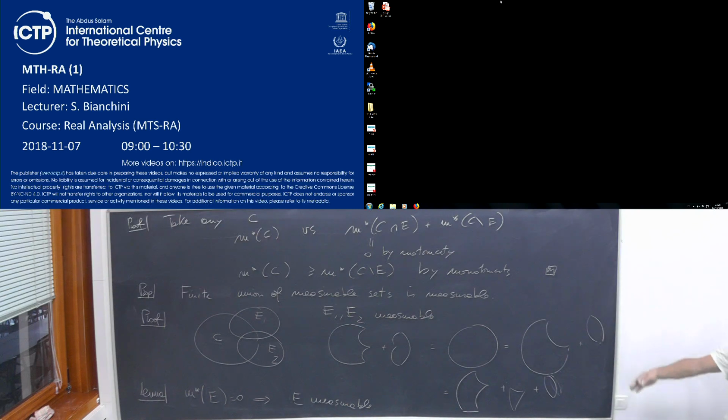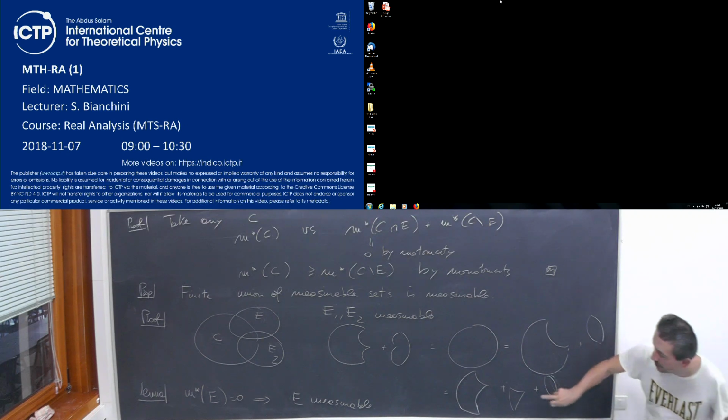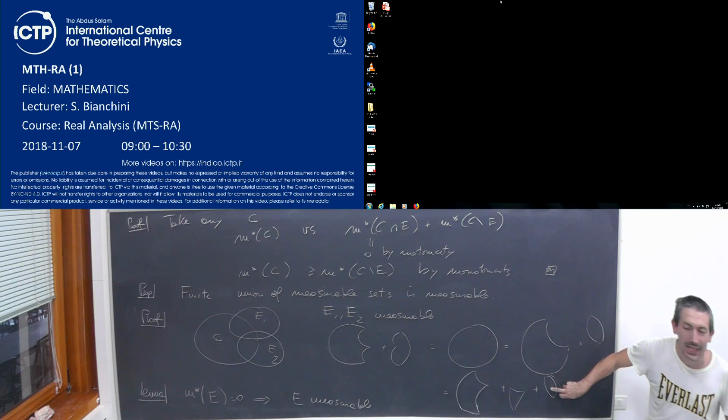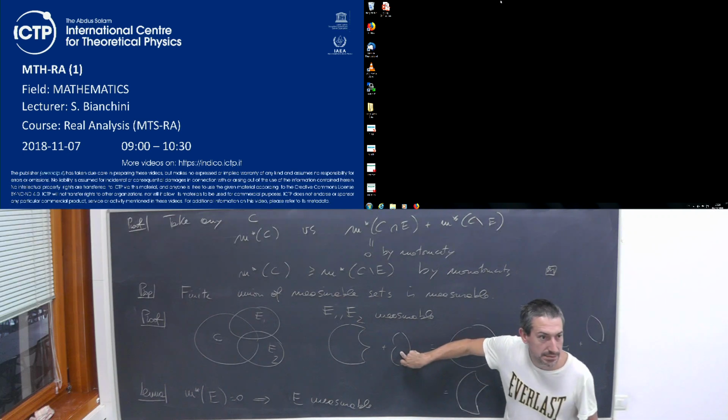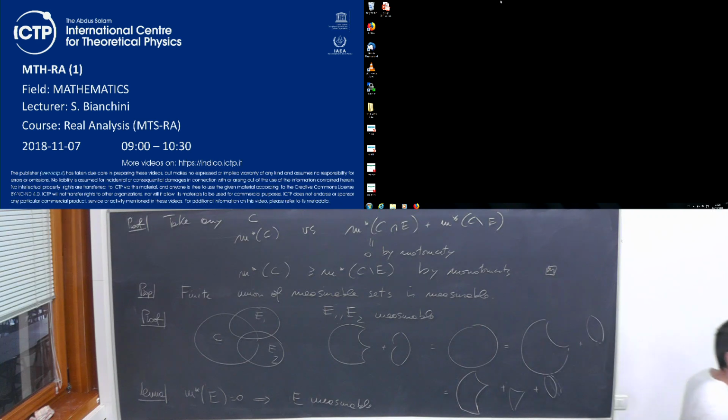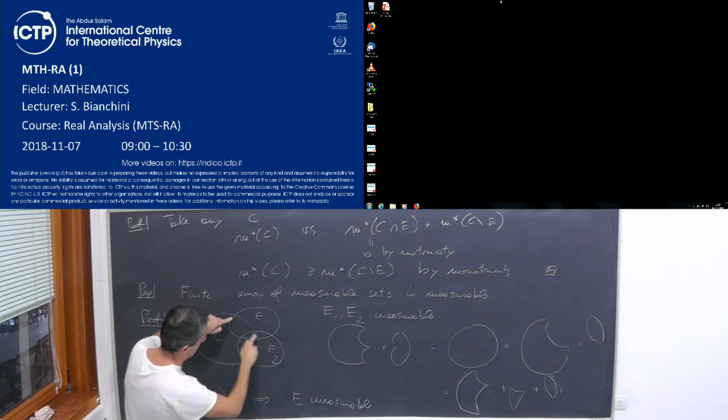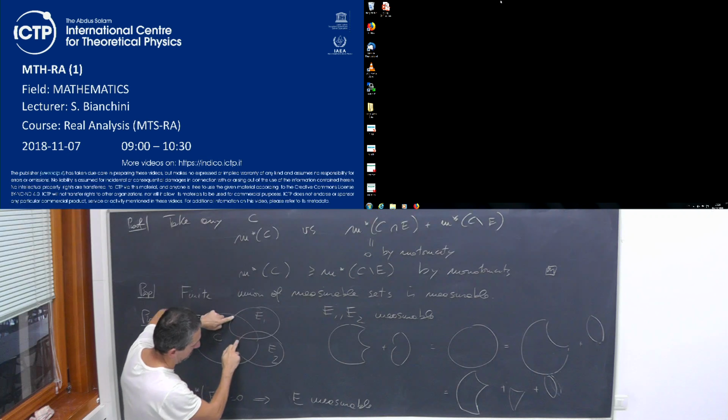Well, I can write the series of equalities, no? But here I think you understand how to do the sum. And finally, I have to prove that the sum of these two is the measure of this guy. And what do I use again? E1 is measurable. So E1 is measurable means that if I use this set as a test for E1, its outer measure is the sum of this piece plus that piece.